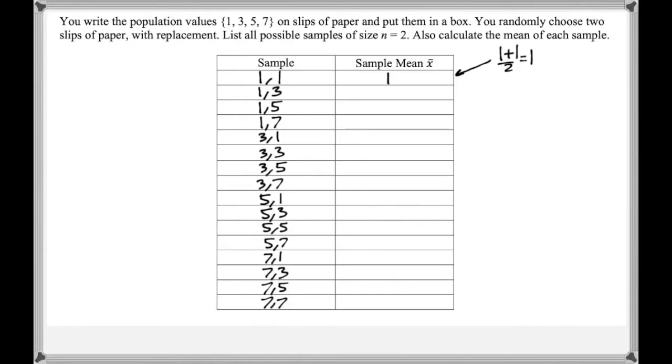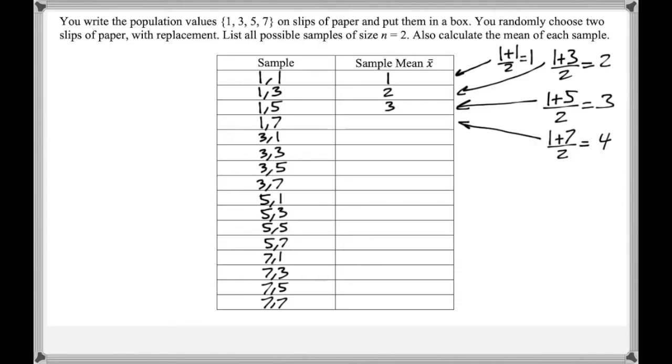For the second sample, we're taking the 2 values, 1 and 3, and dividing them by 2 to get 2. Next, 1 plus 5 divided by 2, which is 3. And then 1 plus 7 divided by 2, which is 4. And then we can repeat the process, and these are the rest of the sample means.